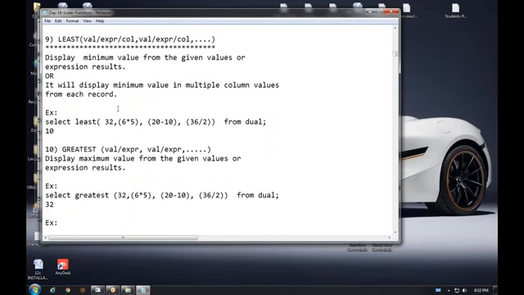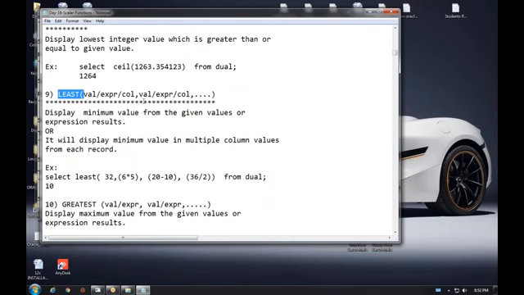Next one, least function. What is least? Already we discussed min and max, aggregate functions. Min function finds the minimum value from the column. Max function finds the maximum value from the column. But least will find the minimum value from the given values, given expressions, or given columns.